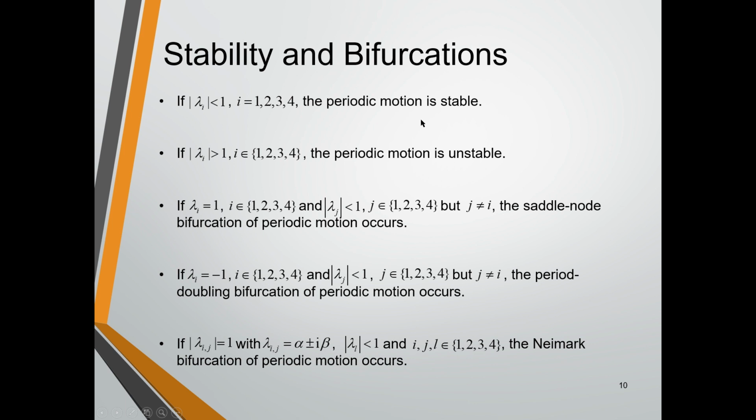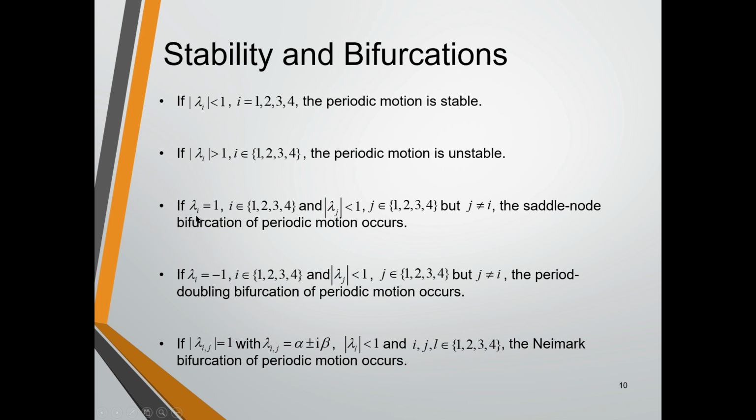In such a system for a spring pendulum, we have 4 different eigenvalues, and if all eigenvalues have a magnitude less than 1, then the periodic motion is stable. If any of the eigenvalues has a magnitude greater than 1, then the periodic motion is unstable.